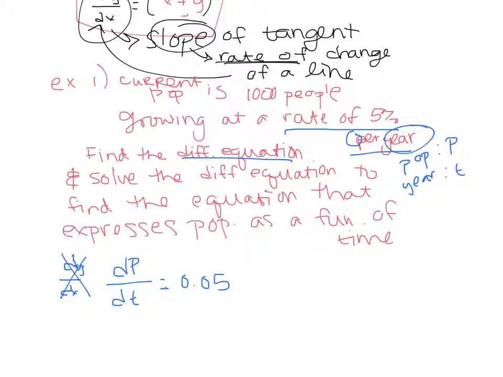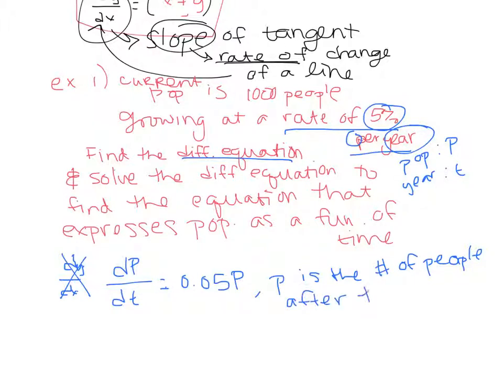Now, this percentage is dependent on the population of that year, so we need to add in another P there, or variable, and we can say that P is the number of people after the current year. So if we didn't include this P here, your population would grow by a constant value every year.